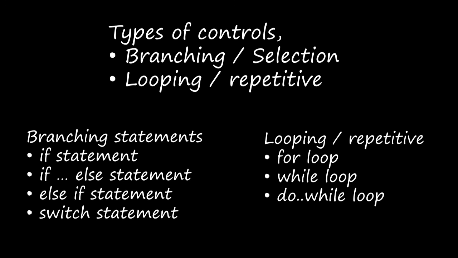In looping or repetitive statements, we have the for loop, while loop, and do while loop. We'll see about these looping and repetitive statements in the next session. Before that, we have left the switch statement example, so today you learn the else if statement thoroughly. We'll see the switch case coding tomorrow and start looping and repetitive statements also tomorrow.